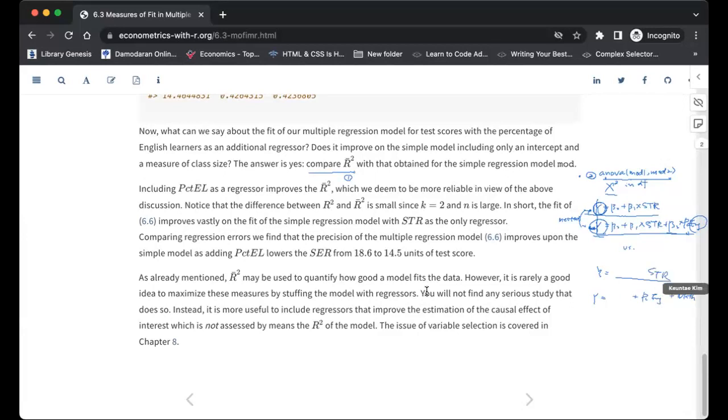In this case we cannot say the simple model is nested within the second model, because there is no common ground. The simple model uses STR, but the second one has no STR. The simple regression is not nested, and in that case we cannot use the ANOVA.